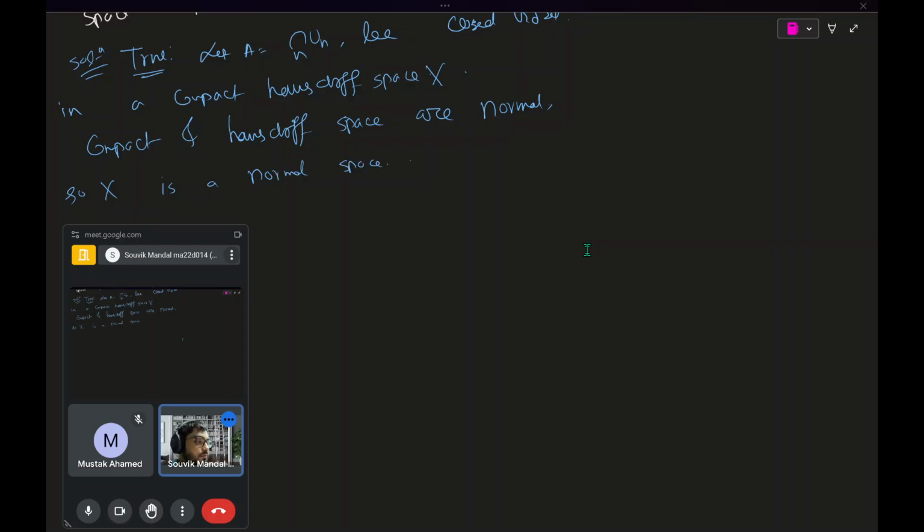Now using Urysohn's lemma, there is a function fn from X to [0,1] such that fn(x) equals 0 on A and fn(x) equals 1 on the complement of Un. This implies that the function f(x) equal to the summation of fn over 2 to the power n is the required function.